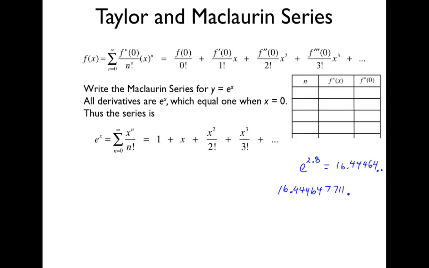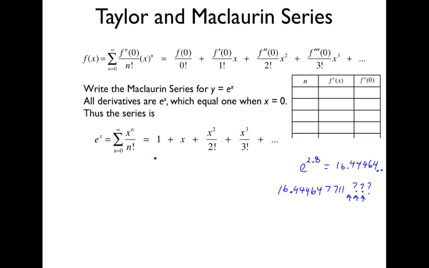And that's where it stopped? Okay. So does your calculator have this value stored in its memory banks? Does it know more decimal places, or does it just know enough to show you how many it can show you? How did it come up with this number? How did it come up with e to the 2.8?